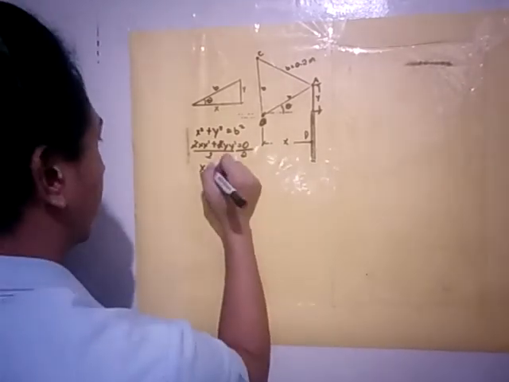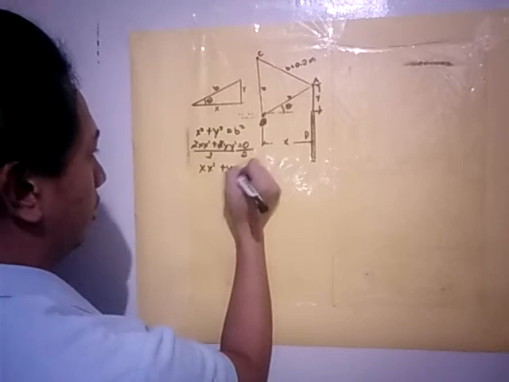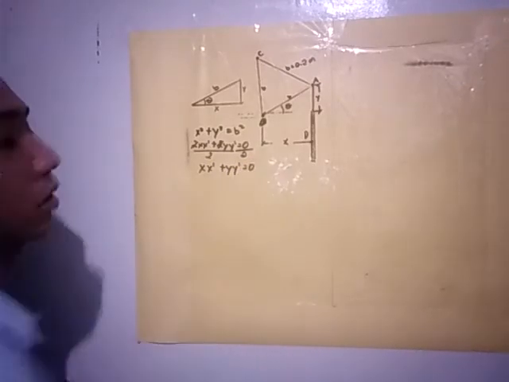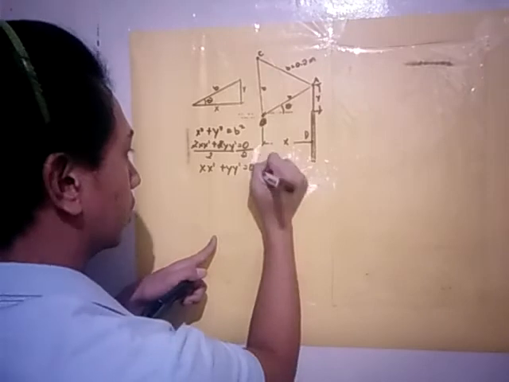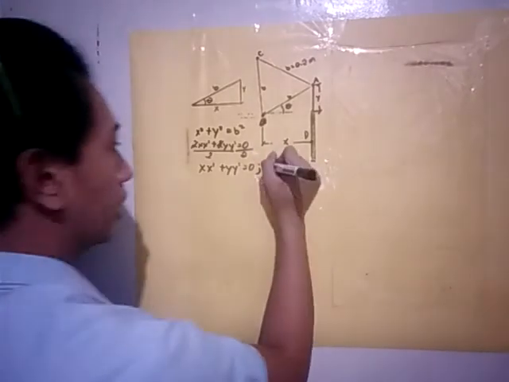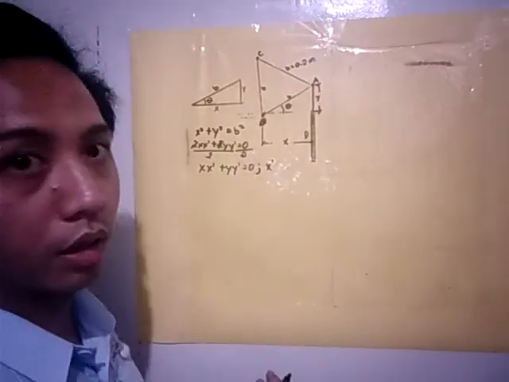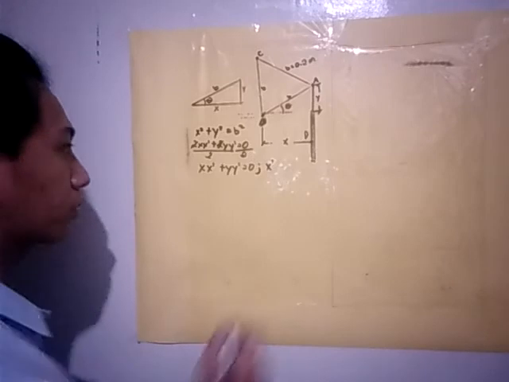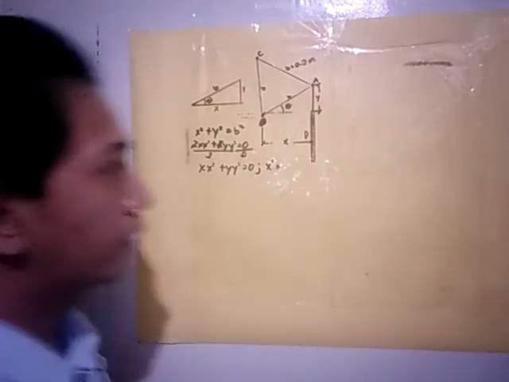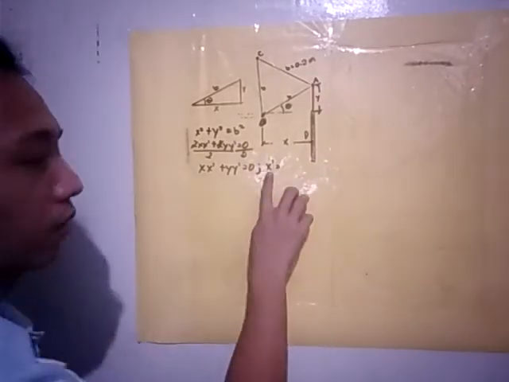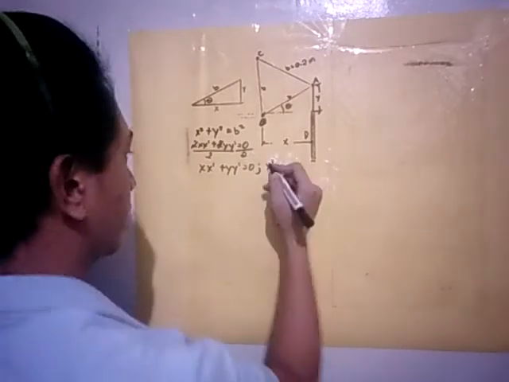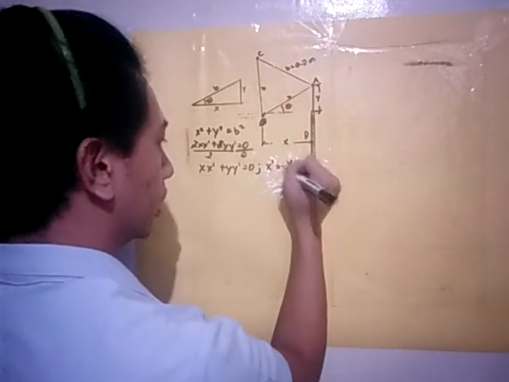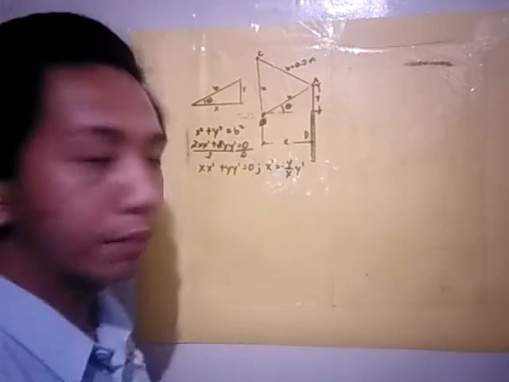So x prime plus y prime is equal to 0. Then from this equation I will get an equation for x prime, or our velocity, because velocity is the first time derivative of our position, or our x. So x prime is equal to negative y over x times y prime.